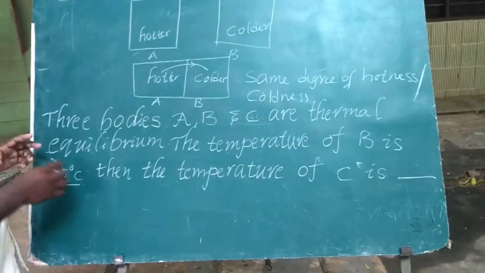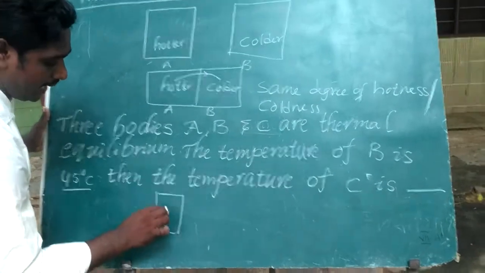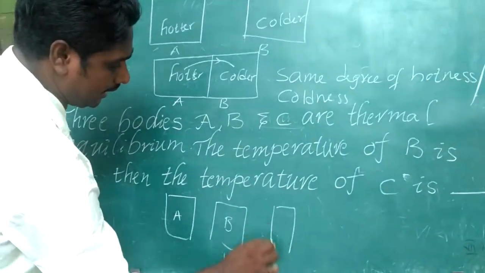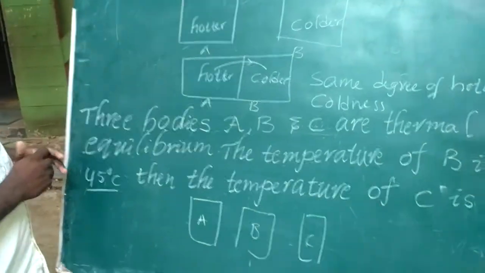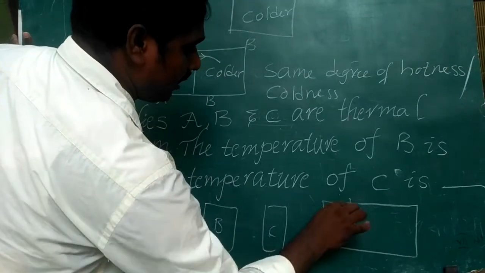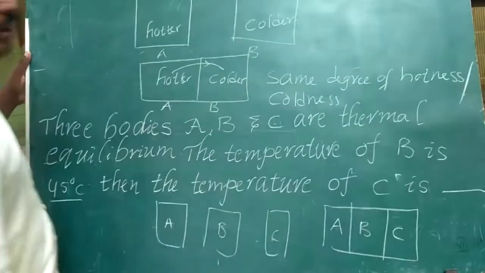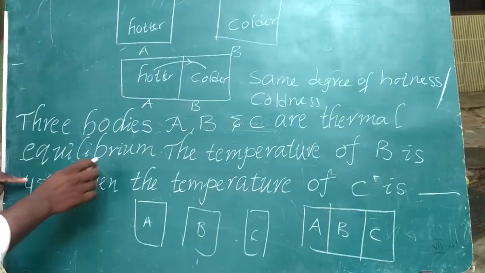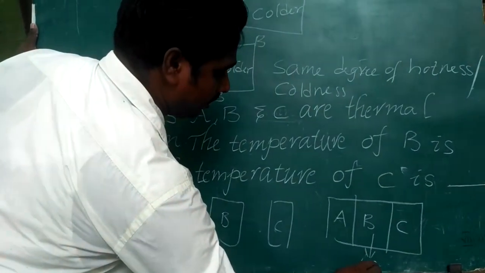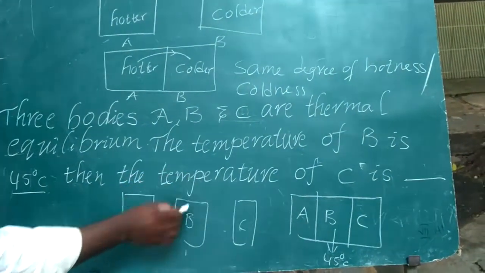In this problem, three objects are given: object A, object B and object C. These three objects are put in thermal contact. The temperature of body B is 45 degrees Celsius. Then what is the temperature of C?